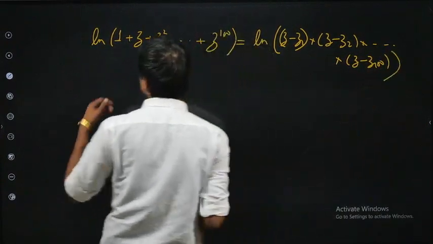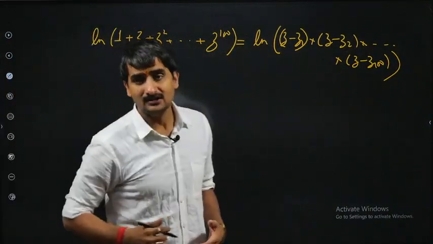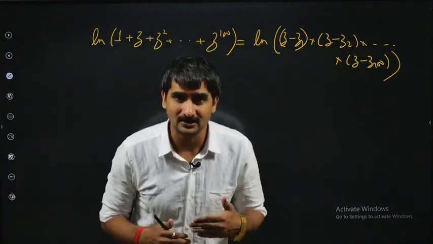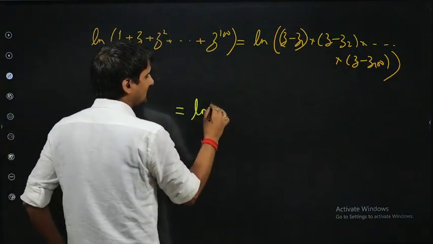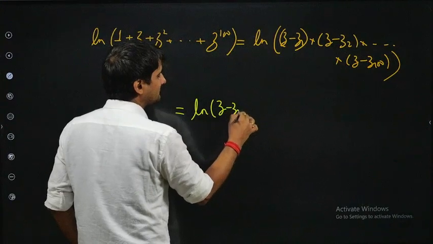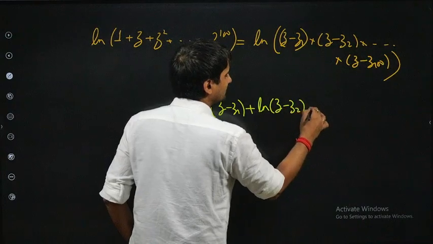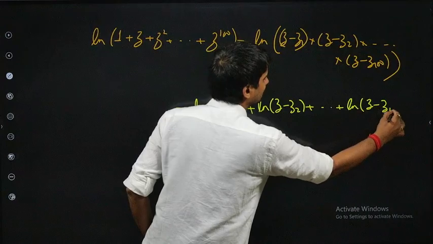And we know from the property of log that if I write ln of a into b into c, we can express it as ln a plus ln b plus ln c. So I can write it as ln of z minus z1 plus ln of z minus z2 and so on till ln of z minus z100.